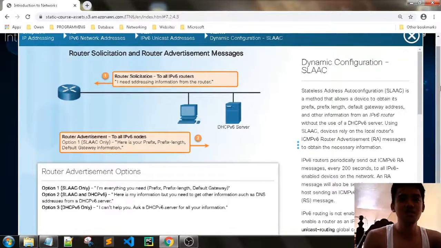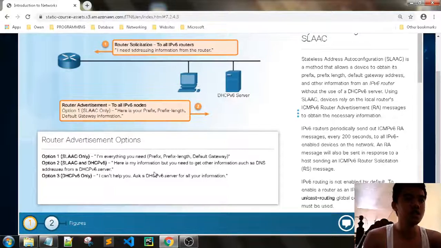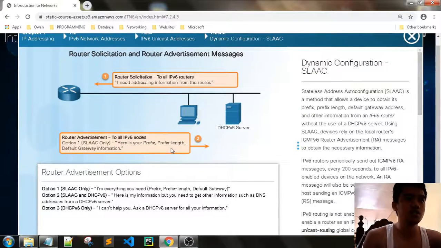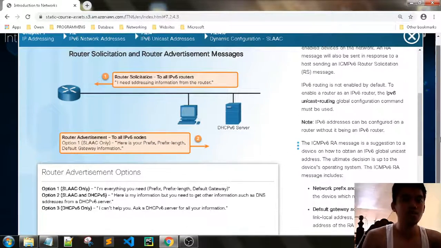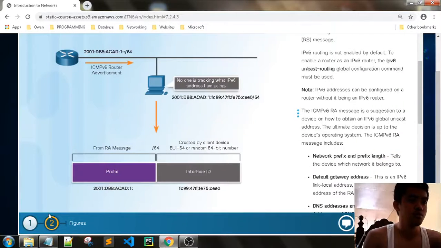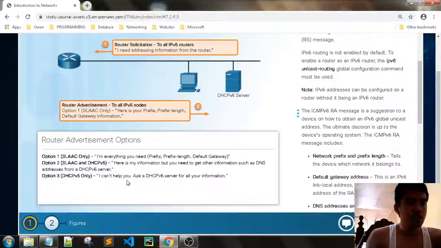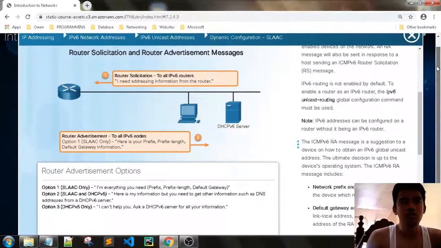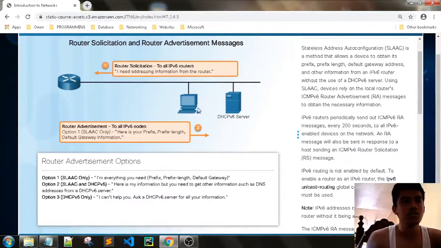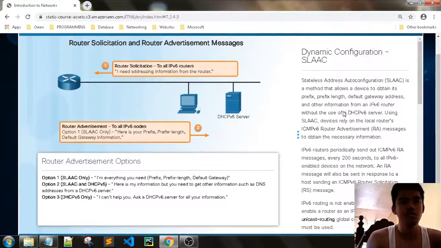So for dynamic configuration, we use SLAAC, Stateless Address Autoconfiguration. Router solicitation is involved in this dynamic configuration.